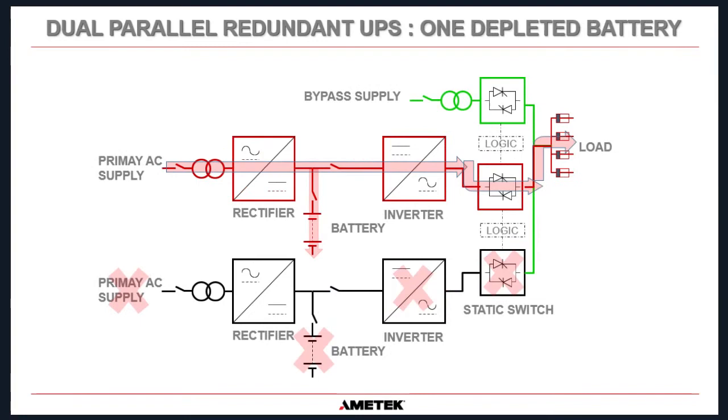And once again, if the battery gets to a point where it has depleted too far, we have to do something about that. So we disconnect this battery automatically. The inverter will switch off. And what happens in our system is this system won't transfer to bypass because we're connected in parallel.